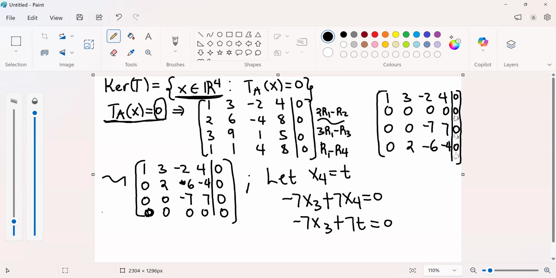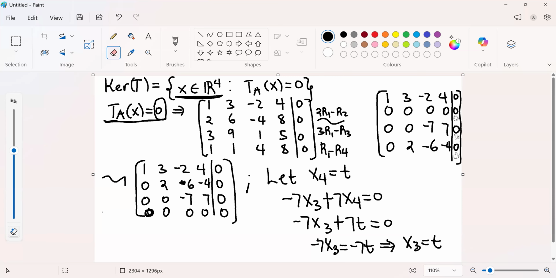Solving this, -7x3 is equal to -7t. If I divide both sides by -7, x3 should also be t. Then I proceed to row 2.